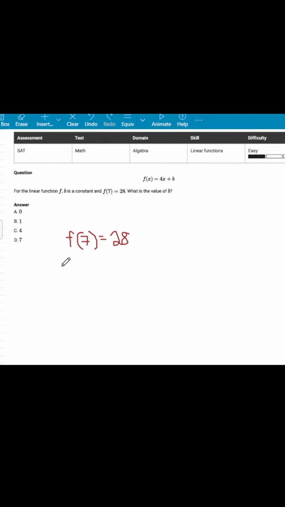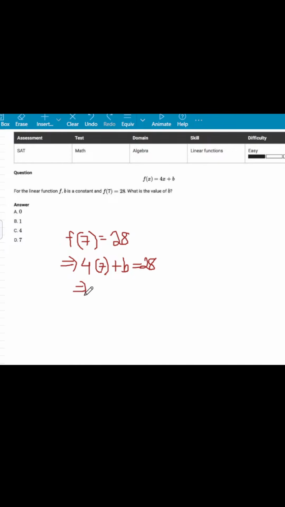So again, we'll just put x equal to 7 in f of x. So f of 7 is 28. That means f of 7 should be 4 into 7 plus b equal to 28. So we're just putting the values as per the defined function, 4 into x plus b, so x is 7, so 4 into 7 plus b.